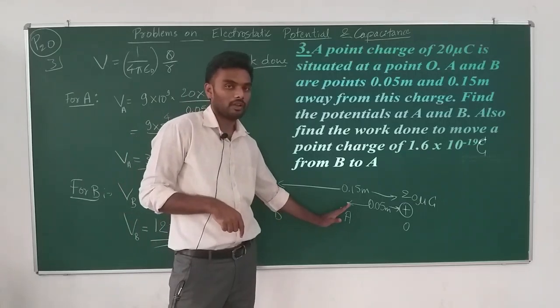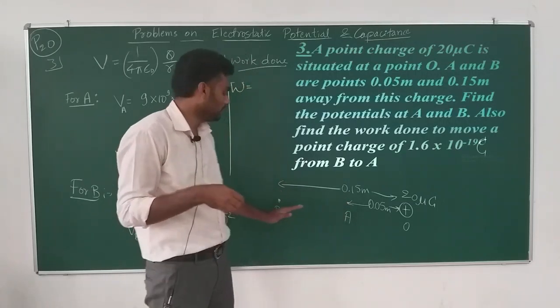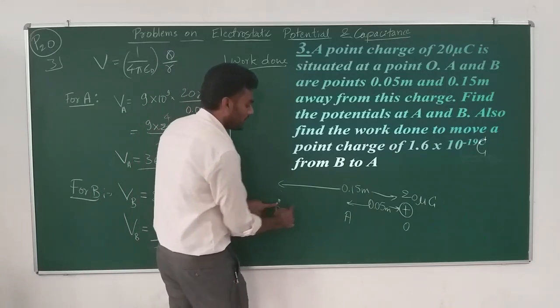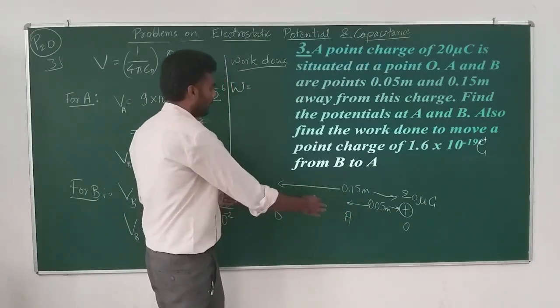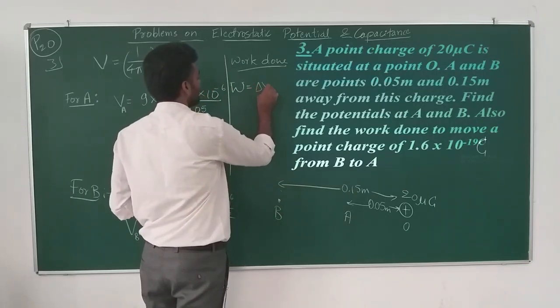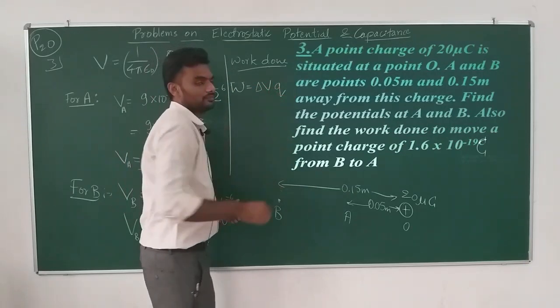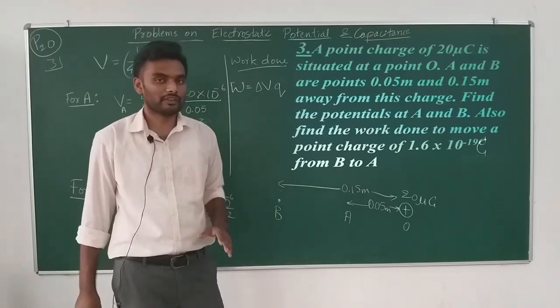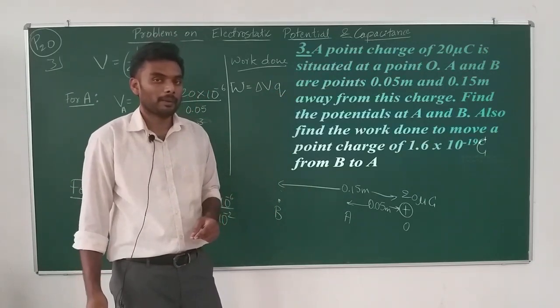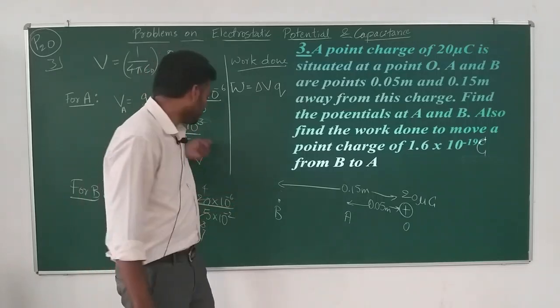And now we are actually moving the charge from B to A, from this point to this point. So the amount of work that I need to do is the potential difference of these two points times the charge I am moving. So it is delta V times Q. Regularly we can choose it as delta V, that's fine.